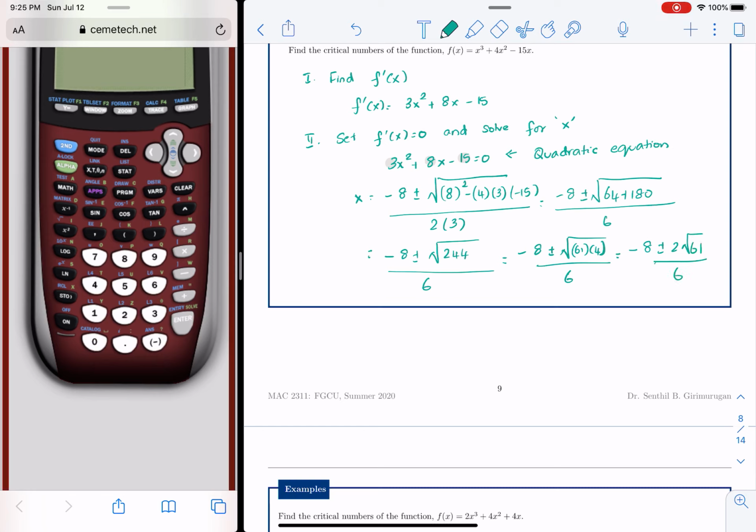We can simplify and cancel the 2's. That would become 4, that would become 3. So the two values are minus 4 plus square root of 61 over 3 and minus 4 minus square root of 61 over 3. So those would be the critical values.